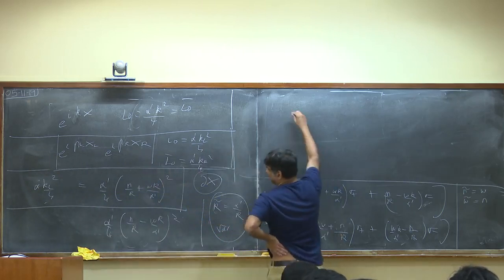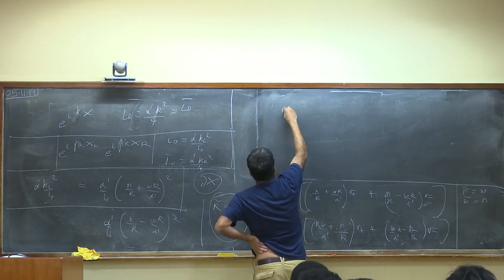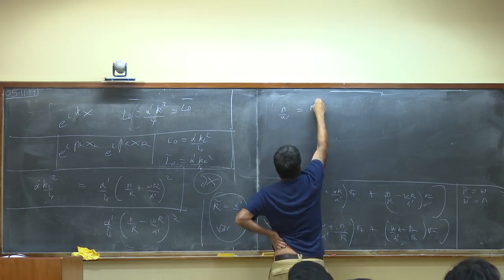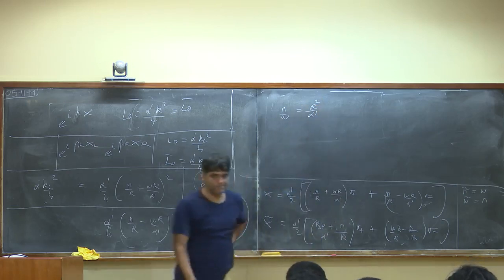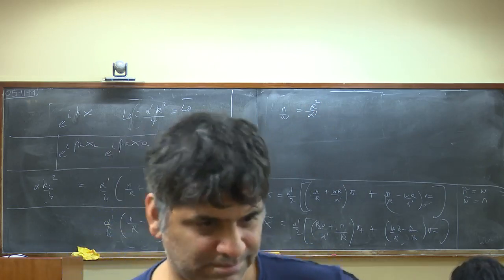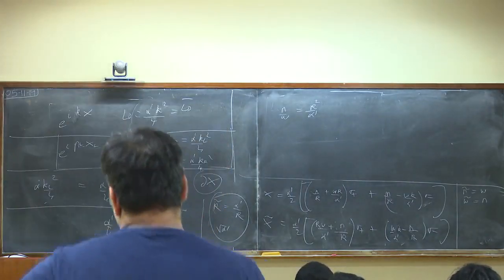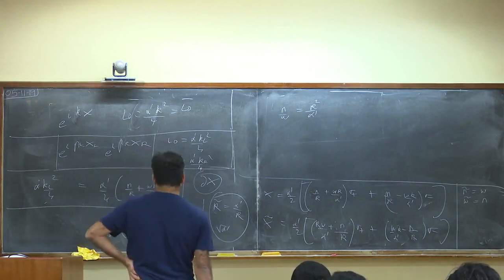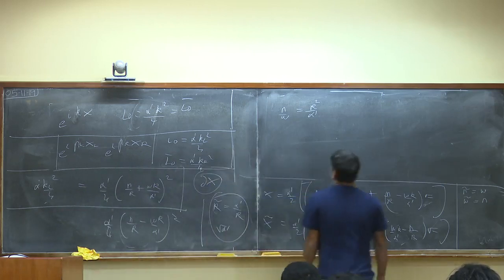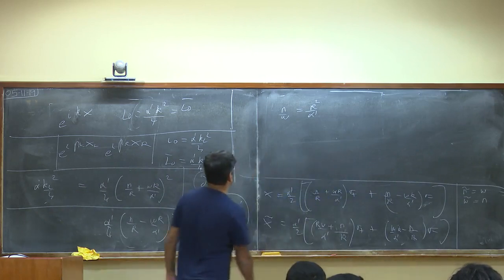Okay, so we want L0 bar equal to 0, and therefore what we want is that n by w is equal to R squared by alpha prime.